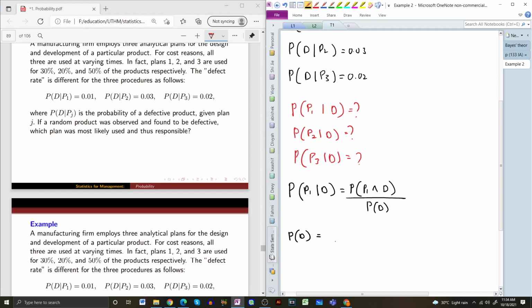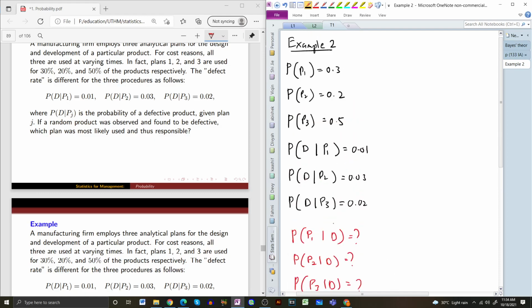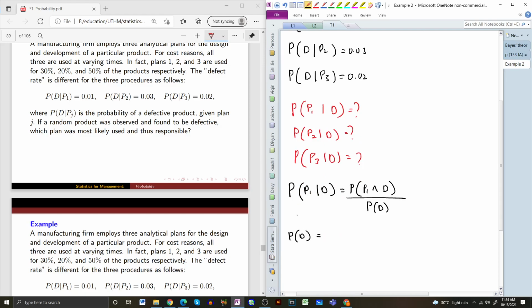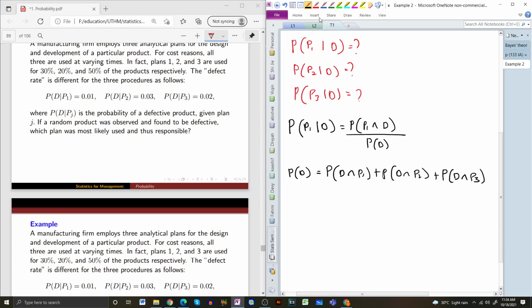PD is the joint probability with all the related plans. And as I told you, the similar method to find this.